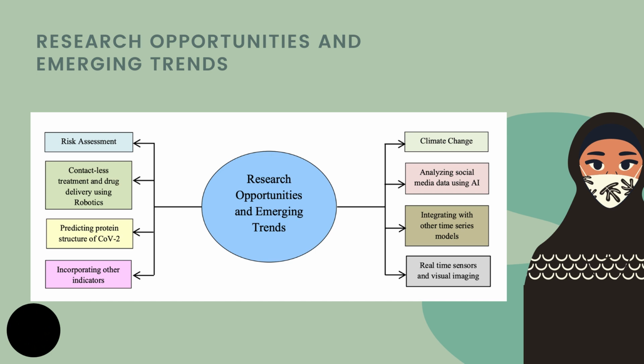The second one is contactless treatment and drug delivery using robotics. Artificial intelligence based robots can be used to perform contactless delivery, like Uber or Food Panda, and treat patients remotely to reduce the involvement of medical staff with infected people.